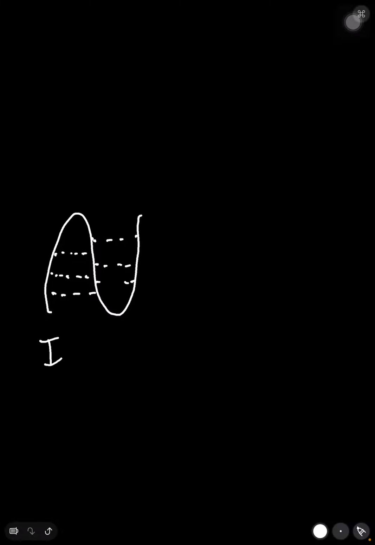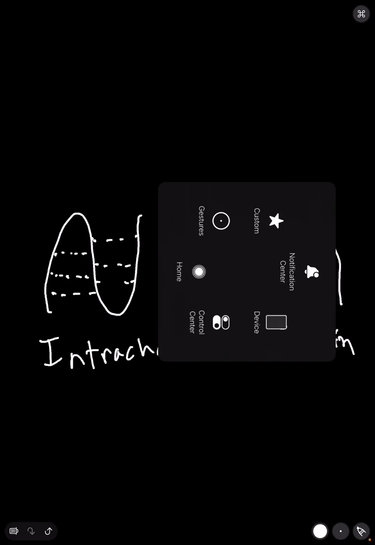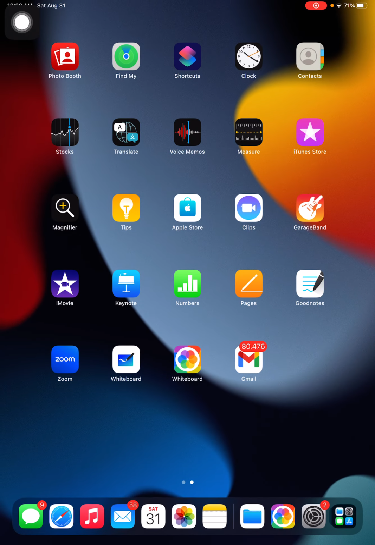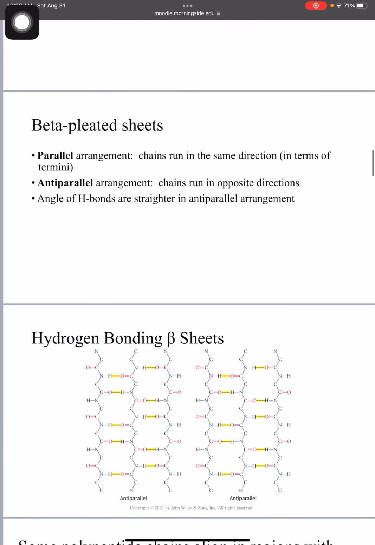These are going to be intrachain hydrogen bonds, but you can also have different beta sheets that are hydrogen bonded to each other. These are going to be interchain. All right, so we have those two types of hydrogen bonds.